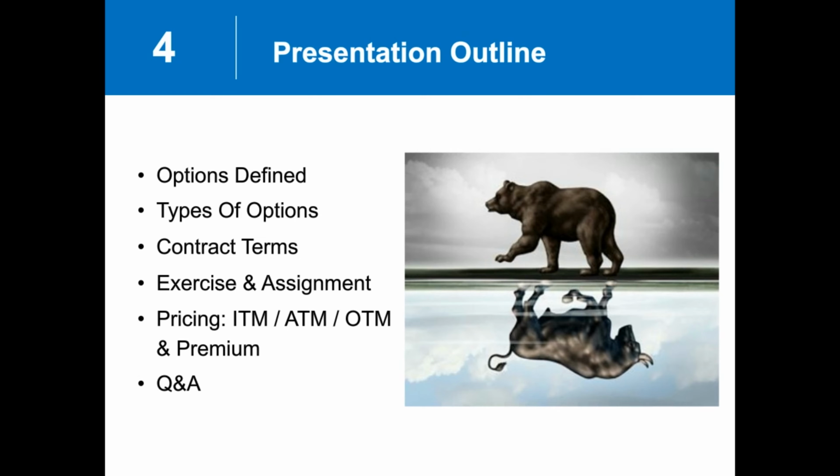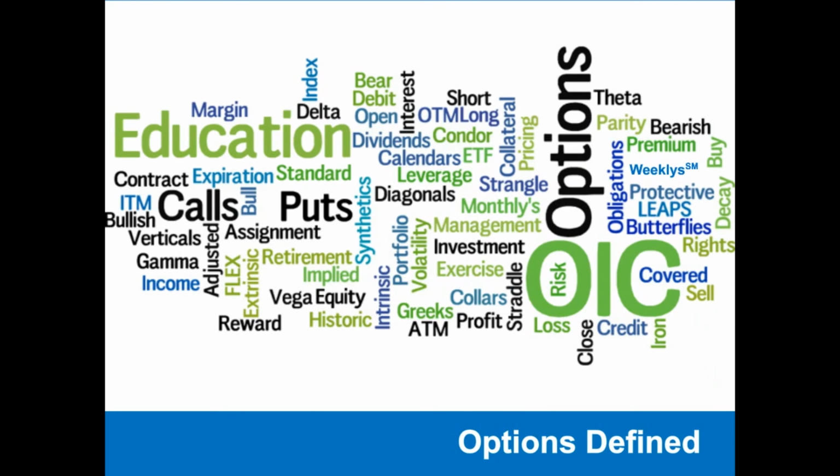So, defining options, what are they? When we learn about something, the easiest way to start is at the very beginning, obviously. Options are contracts, okay? Simply put, it's a contract between a buyer and a seller. And with any type of contract, there are rights and obligations conferred upon each person.